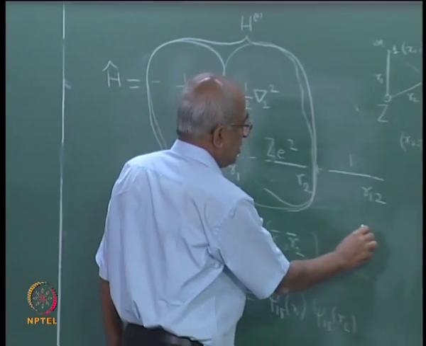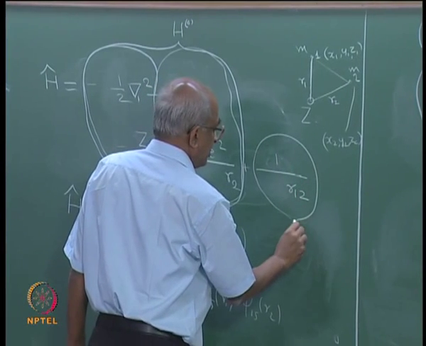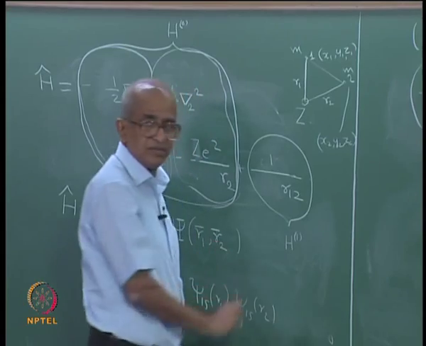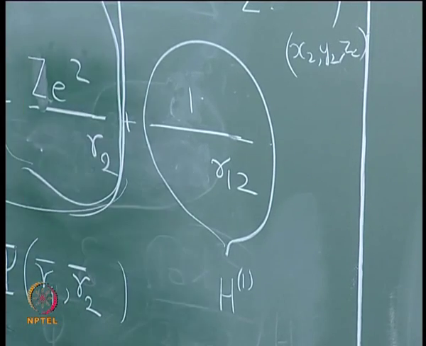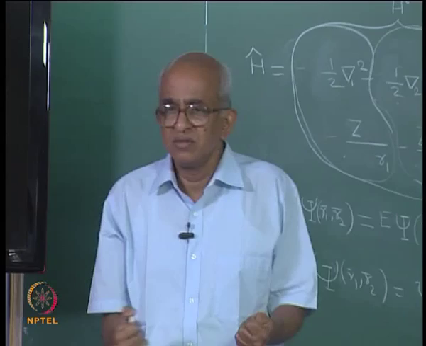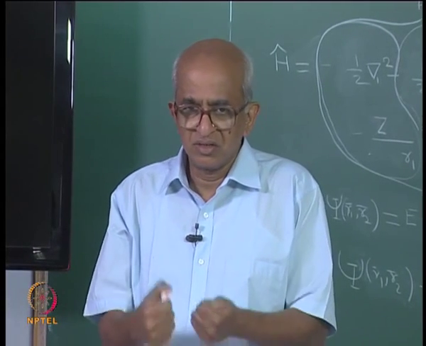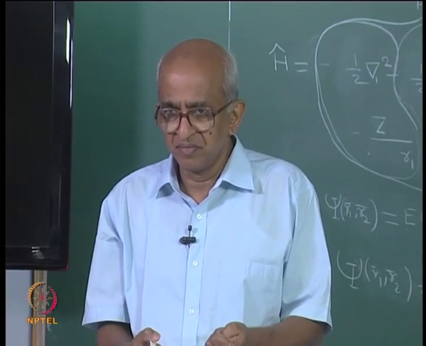What would that be? It will be this 1 by R12 term. So, this is my perturbation, and I can straight away use perturbation theory to calculate the correction to the energy of the system.